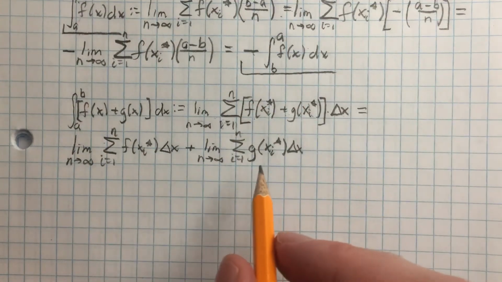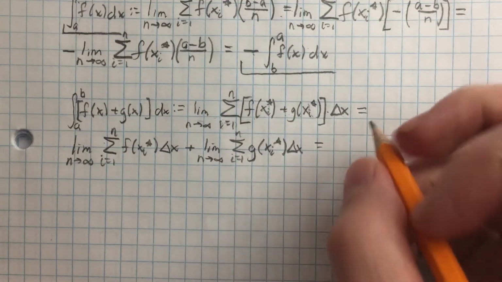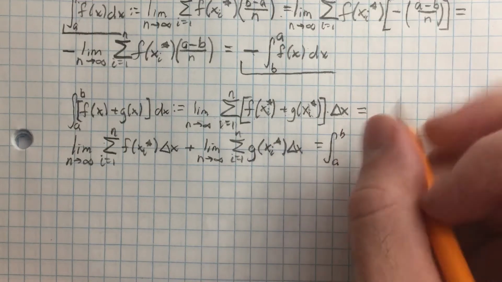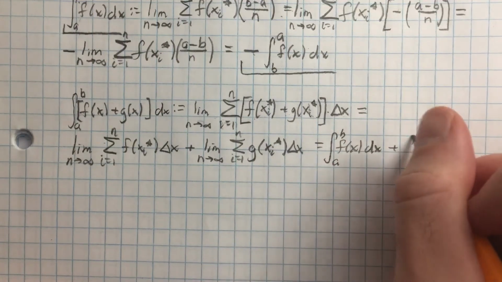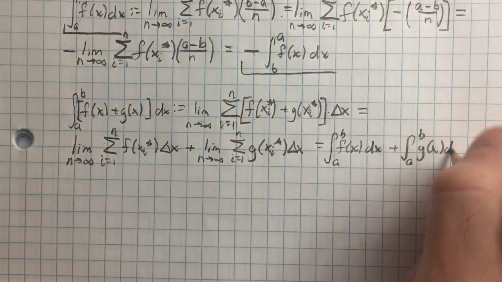But each of these is their own separate definition of integral. So therefore this is nothing other than the integral from a to b of f plus the integral from a to b of g.